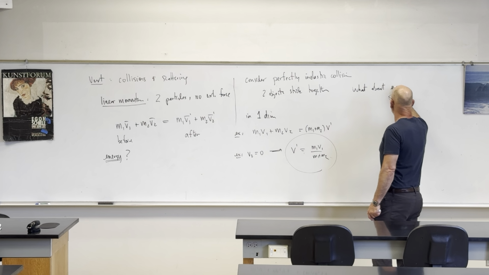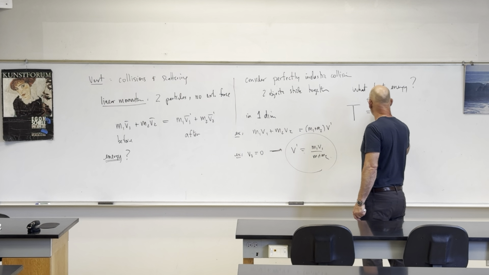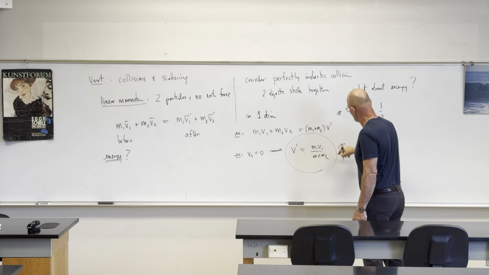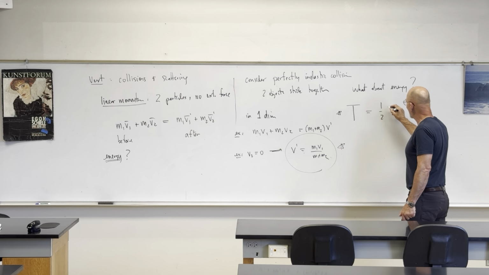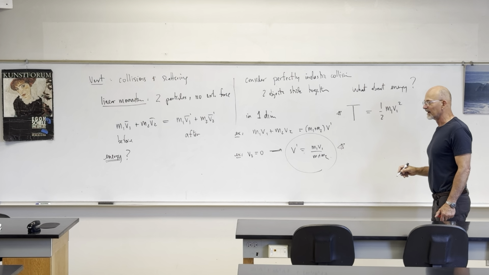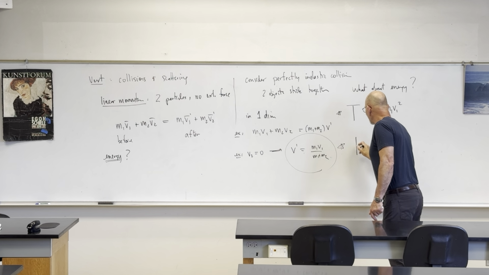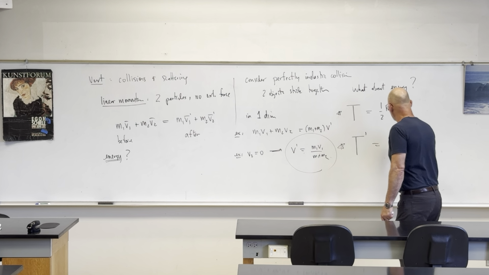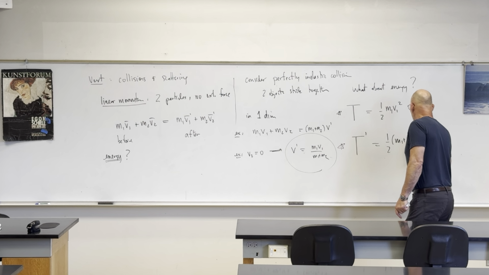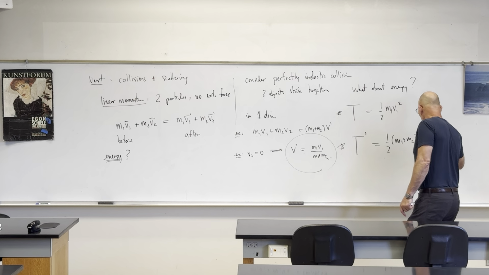Question mark. So the kinetic energy initially, for this example, is a half M1 V1 squared, right? The final kinetic energy is a half the sum of the two masses, V prime squared.